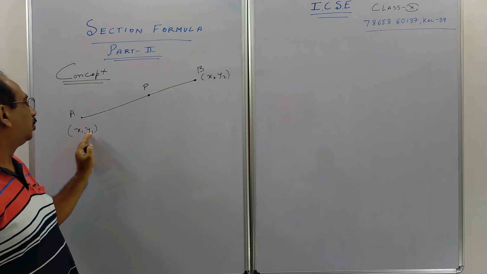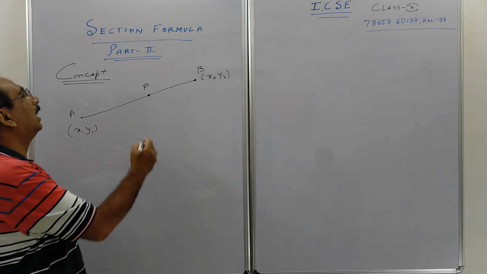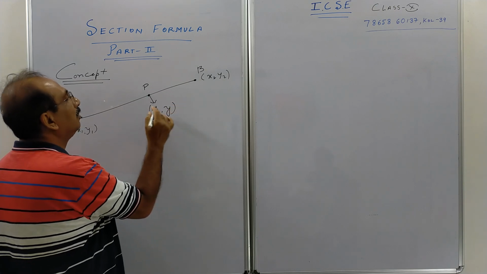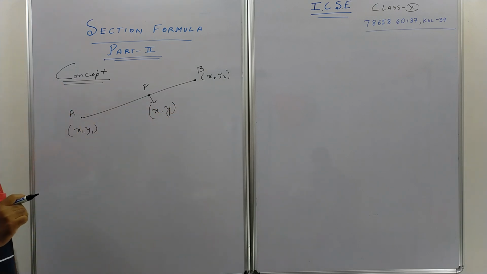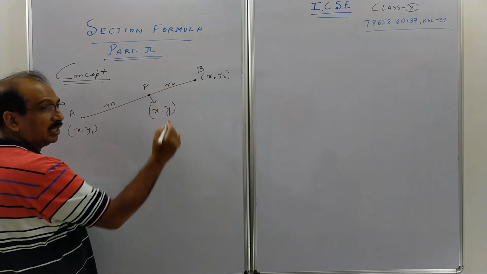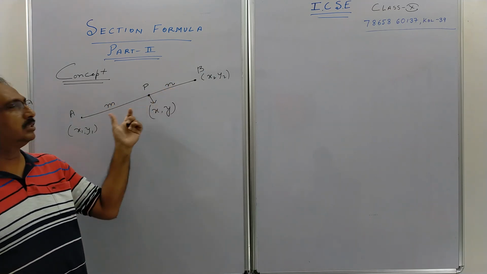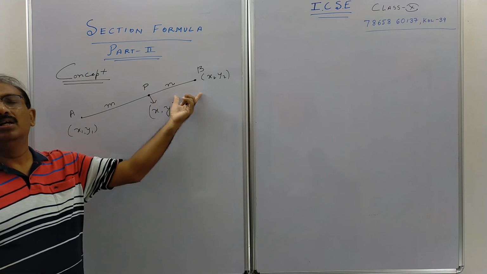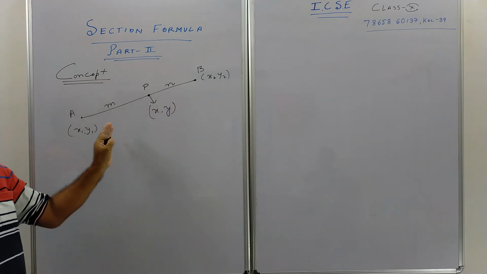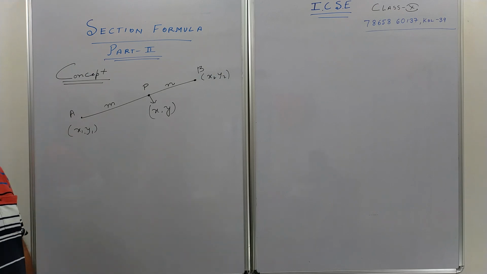We have 2 points A and B and we have to find the coordinates of P. When it is given that P divides this line in the ratio m is to n, listen carefully. Some books say m1, m2, and there is a different formula also, but I use what a general standard book says.